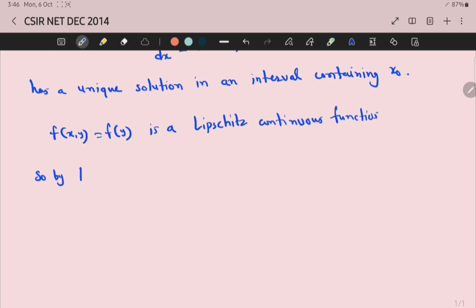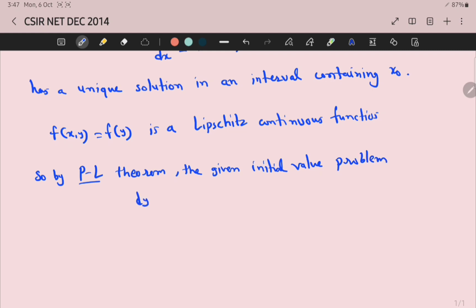So, by Picard-Lindelof's theorem, the given initial value problem, which is dy over dx equal to f of y subject to the condition y(0) equal to 0, has a unique solution.